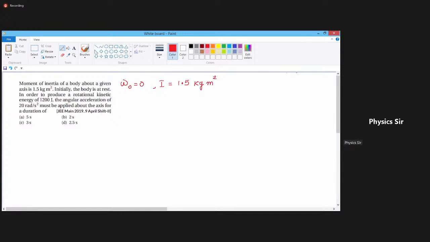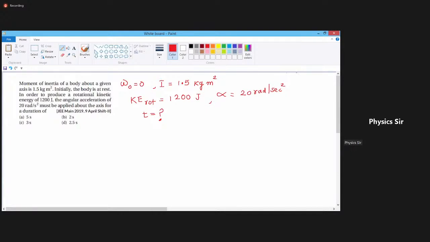In order to produce a rotational kinetic energy of 1200 joule, an angular acceleration alpha of 20 radian per second square must be applied about the axis for a duration of, it means I have to calculate the time.